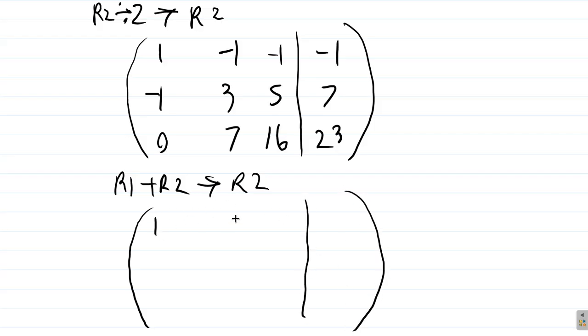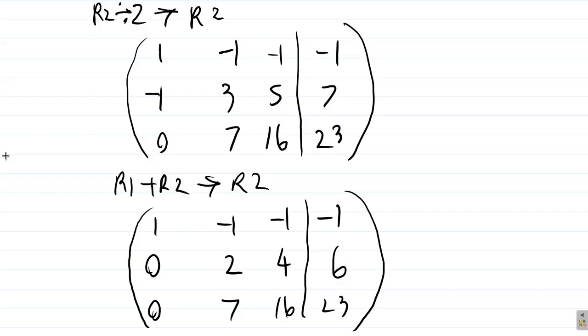So you have 1, negative 1, negative 1, negative 1. That 1 plus negative 1 is 0. Negative 1 plus 3 is 2. Negative 1 plus 5 is 4. Negative 1 plus 7 is 6. And then we have back our 0, 7, 16, 23.